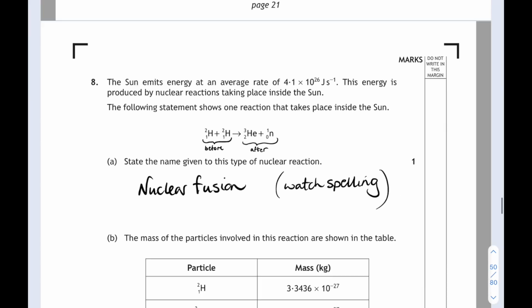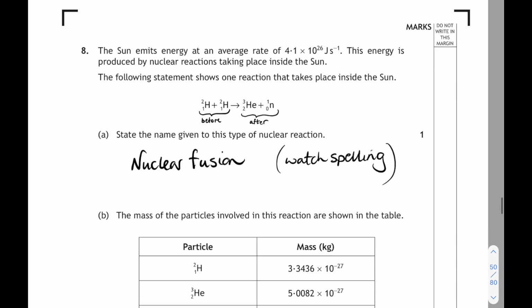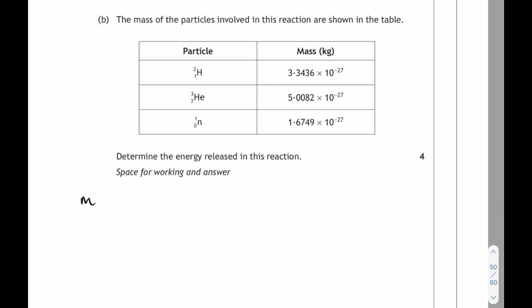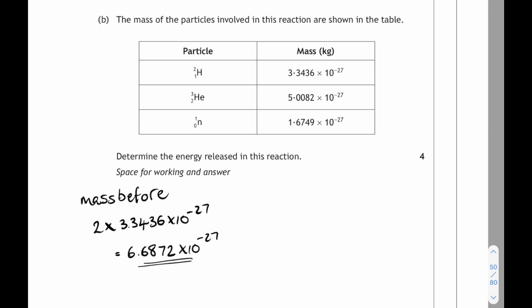And remember that mass is lost during this reaction and changed into energy, so we need to work out the lost mass. So let's work out the total mass before the reaction. That's the 2 hydrogen nuclei added together. That's 2 times 3.3436 times 10 to the minus 27 gives us 6.6872 times 10 to the minus 27.